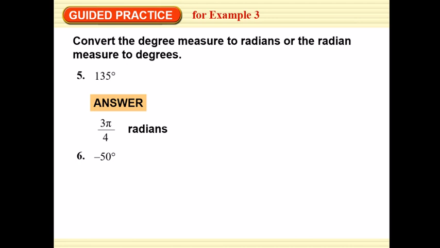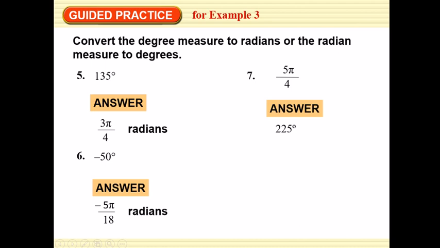Negative 50 degrees should convert to negative 5 pi over 18. 5 pi over 4 should convert to 225 degrees. Pi over 10 should convert to 18 degrees.